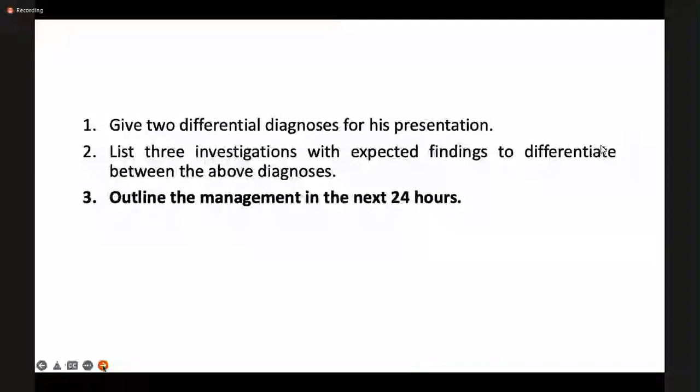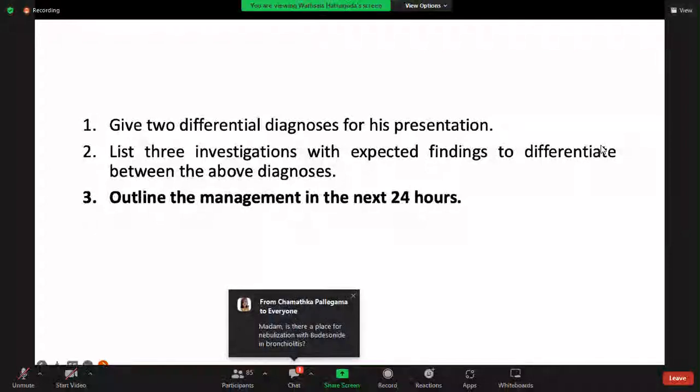But according to the latest guidelines, they are not recommending it. Sometimes we nebulize with 0.9% saline just to relieve the obstruction, but there is no evidence behind it. So basically, it's supportive management in bronchiolitis you have to do. What else in the management do you have to discuss?